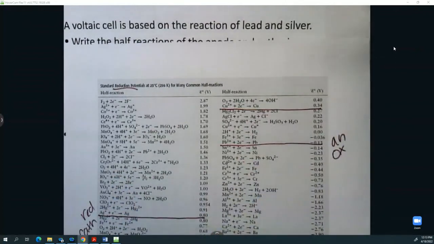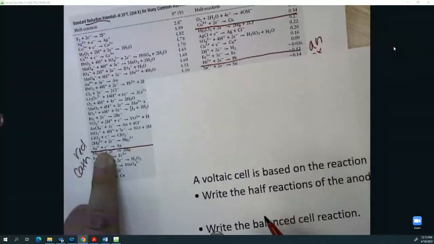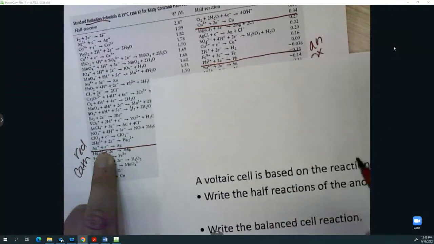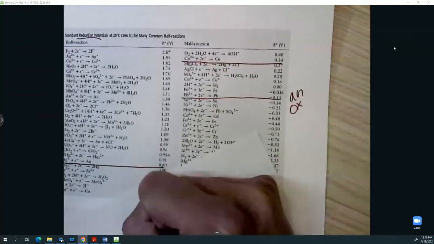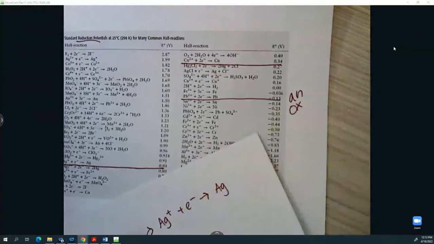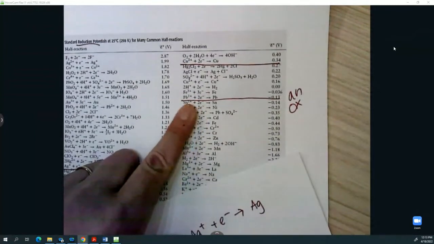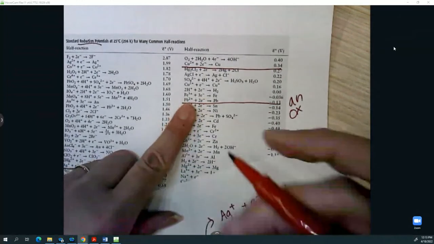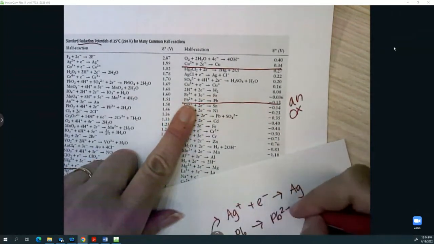Now maybe I'll write my half reactions, which is what they asked for first. For my cathode, this is written as a reduction, so that's how it will get written. I don't have enough space, so let me do it up here. But this is my oxidation. All of these are written as reductions, so this one I need to flip to make it an oxidation reaction.